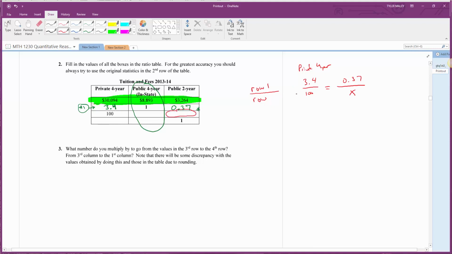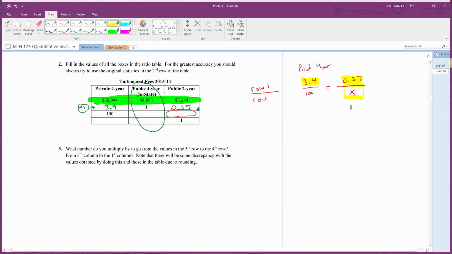But remember, this is what I was talking about. We don't want to do it quite like this, because we want to be cautious of the rounding error. So remember, this 3.4 was rounded. Also, the 0.37 was rounded, if you recall back. So that means this x is going to have a drastic rounding error, right?